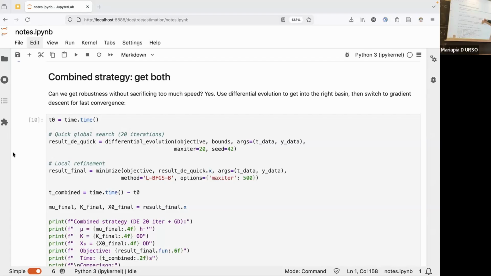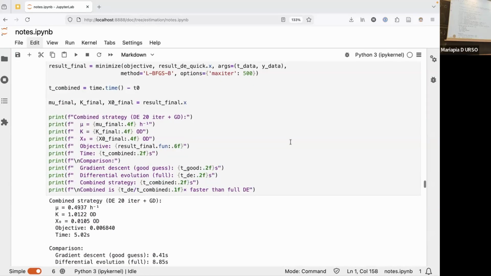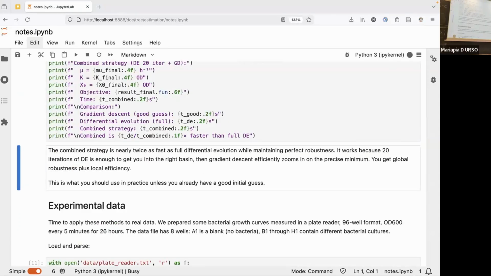And here, what we do is first a quick global search. I think we had 300 iterations of differential evolution in the first version. Here now we only take 20, so much less. And then on this quick differential evolution result, we put our gradient descent algorithm. And this is the result.